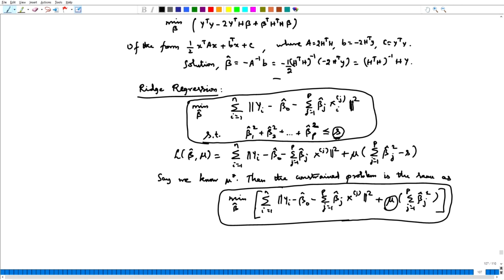As far as ridge regression is concerned, people solve either the constrained or the unconstrained problem. Both are fine, because for the corresponding values of mu and s, both give the same solution. That is why we have two different representations of ridge regression.